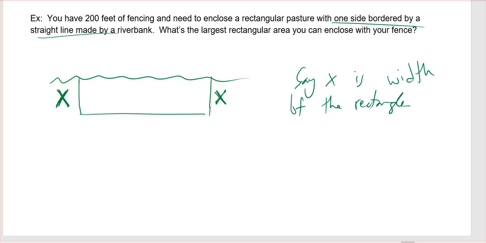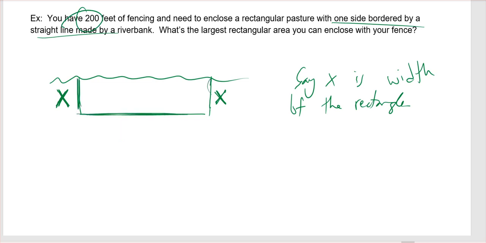All right, well, we know how to find an area, right? We can find the area of a rectangle by length times width. We don't know what the length is, right? Well, if we're given x, we can sure tell you what that would be. I have 200 feet total, and that's what is going to be the fence.